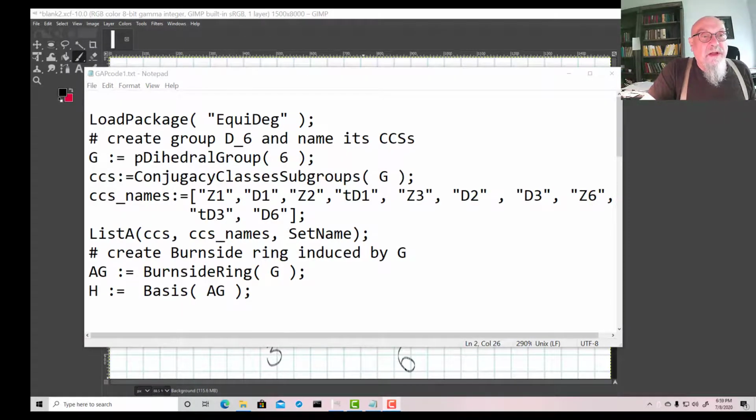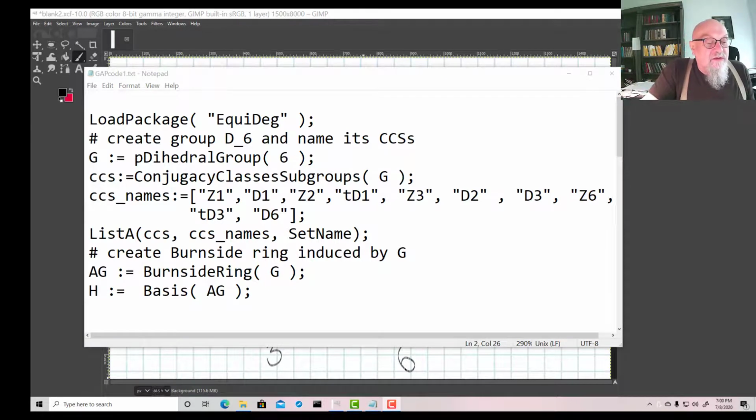Let me explain how the notation in the GAP program can be simplified so that it will be easier to recognize which conjugacy class is represented by this or that particular element in the matrix.